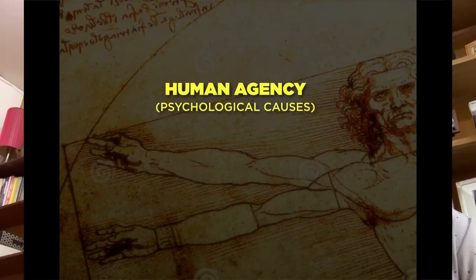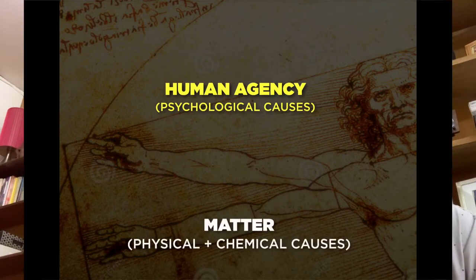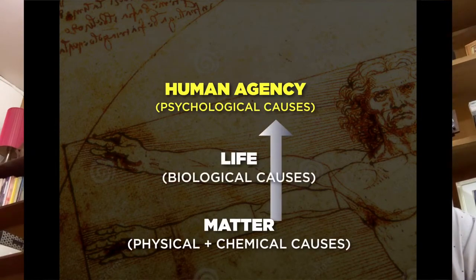Here's a diagram that might help clarify what we've been talking about so far. So first we have human agency, which is a form of psychological causes. Now, as we know, human agency is affected by the physical and chemical, as well as the biological.